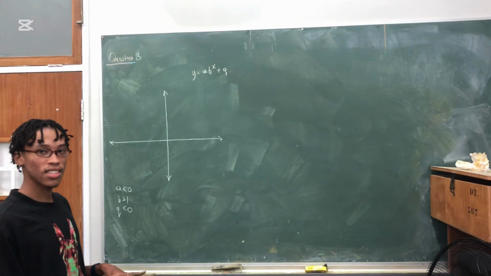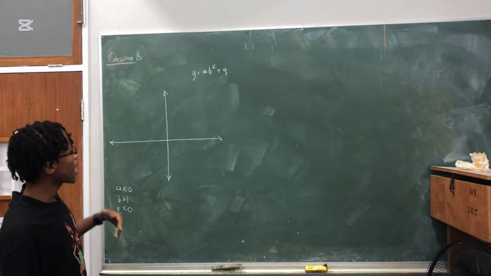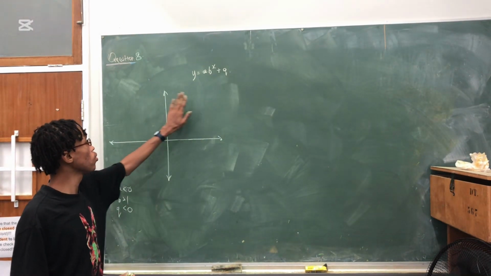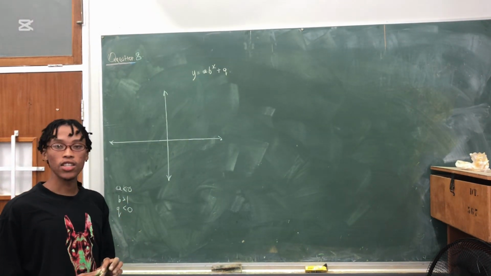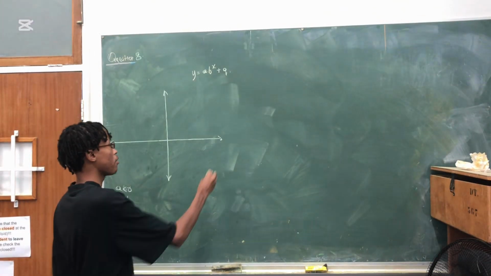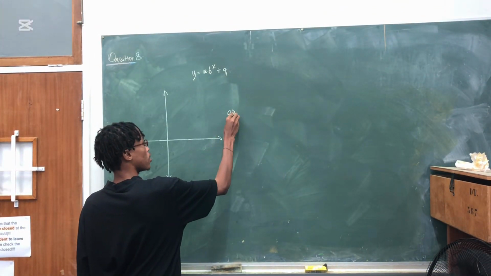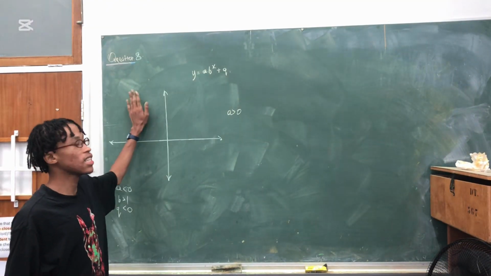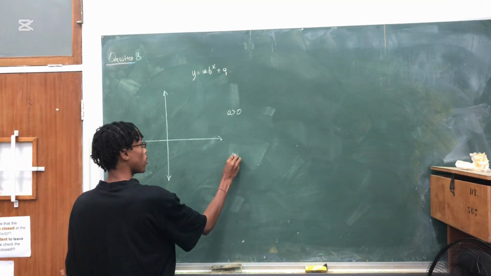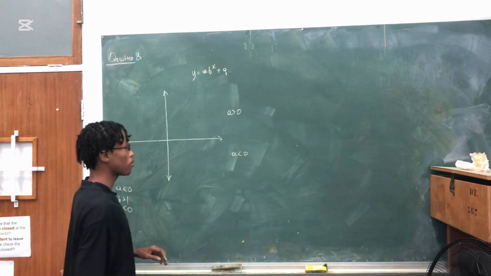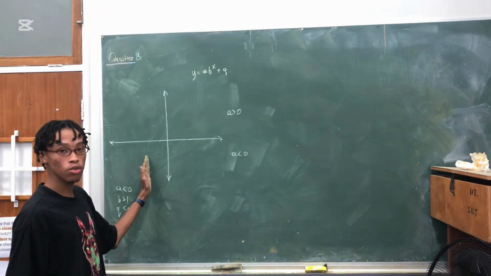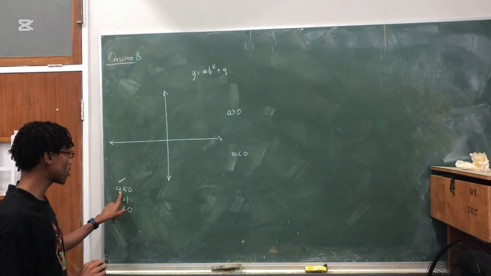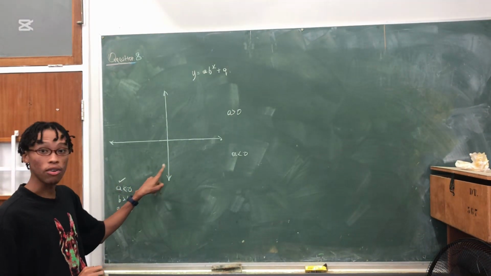A simply tells us which two quadrants our graph is going to occupy. If A is greater than 0, then our function is going to occupy the first and the second quadrant. But if A is less than 0, it means that it's going to occupy these two. So we already know from this that our function is going to be down here.